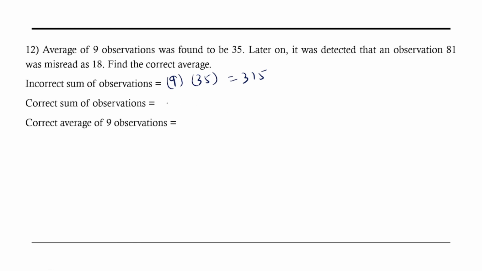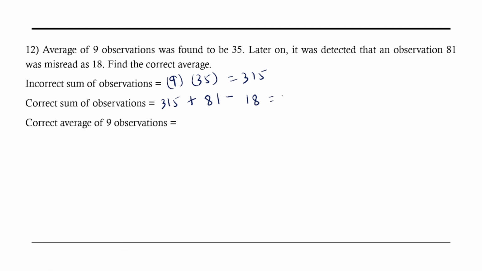So this is the incorrect sum; we add the correct observation, which is 81, and subtract the wrong value, which is 18. So the correct sum of observations will be 315 plus 81 minus 18.